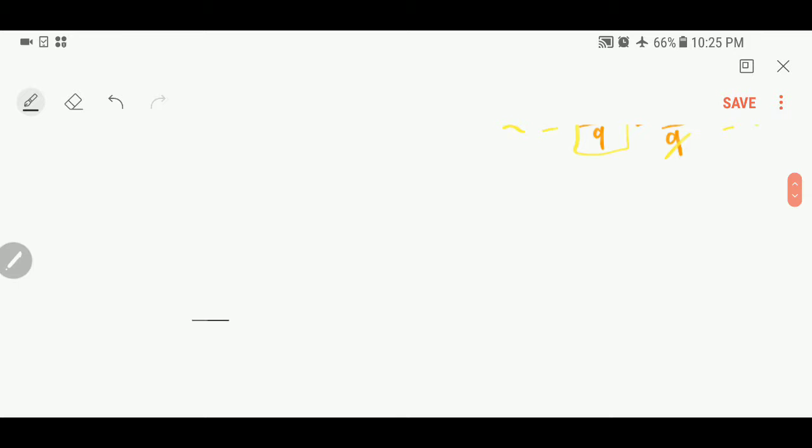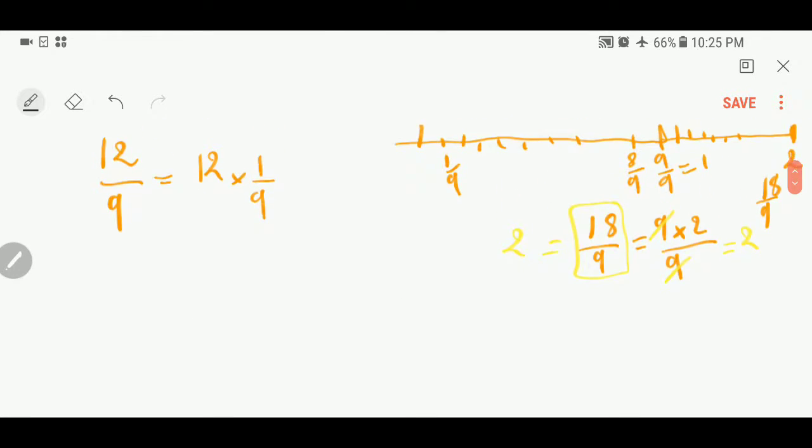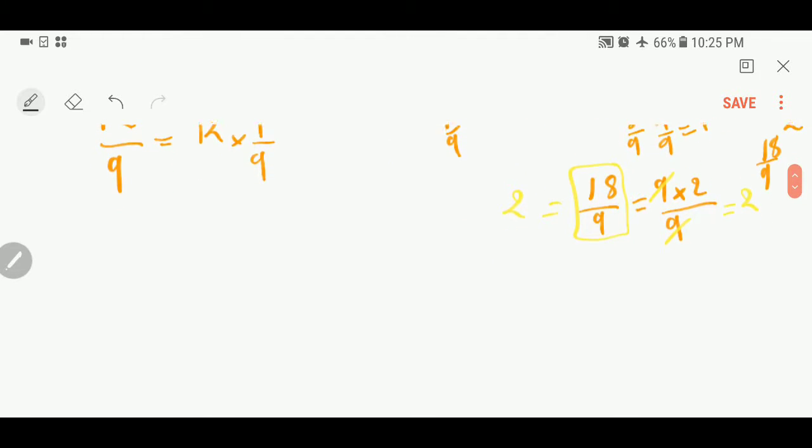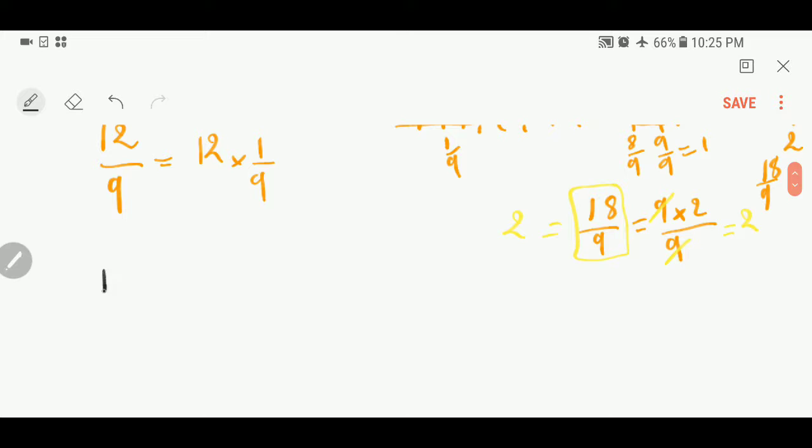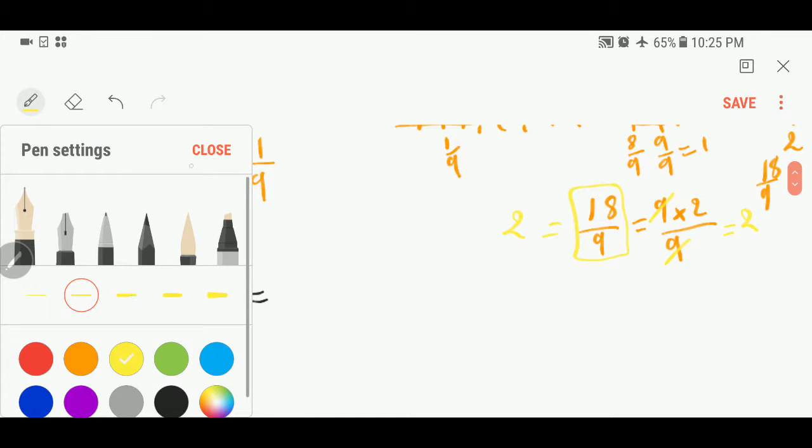Again, this is like the long way. But you can also write 12 over 9 like 4 times 3, it's 12, right? And then 3 times 3 is 9. Then you can simplify it. How do you simplify it?